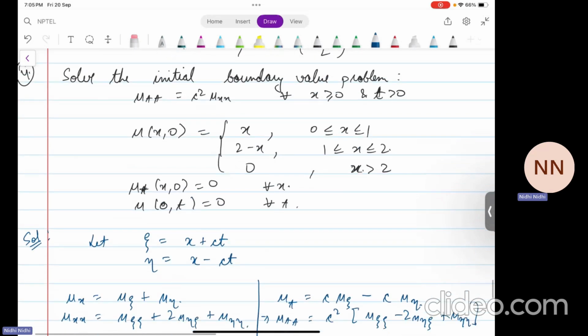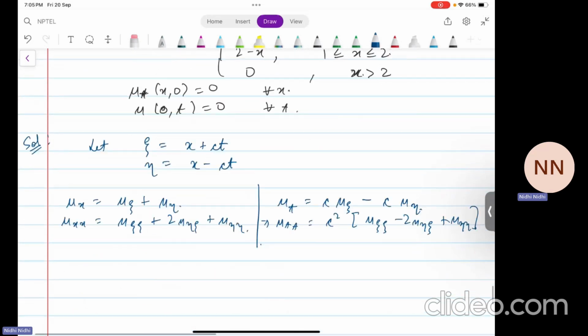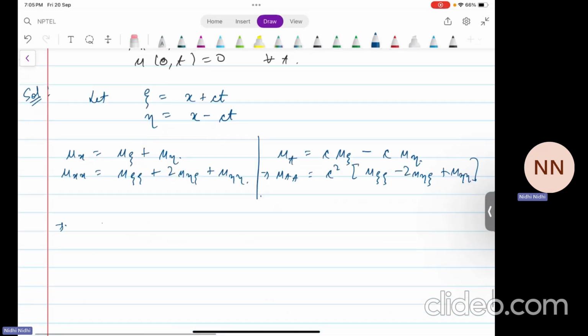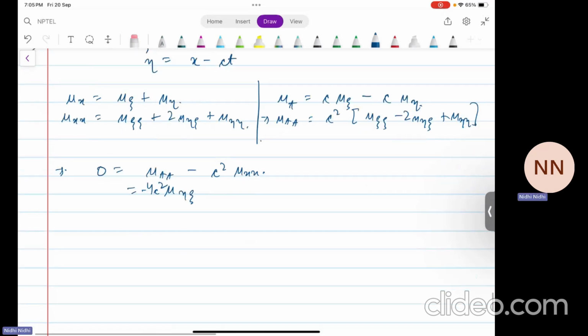Now we have utt minus c square uxx is equal to 0. This implies 0 is equal to utt minus c square uxx, which is basically just u eta zeta times minus 4 c square. So which gives us u eta zeta is 0.